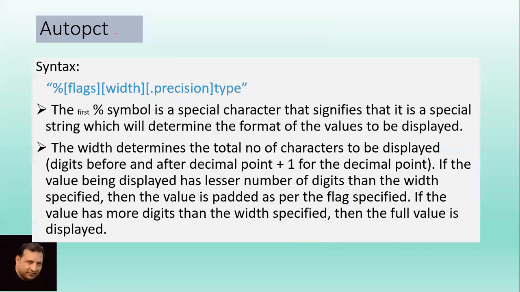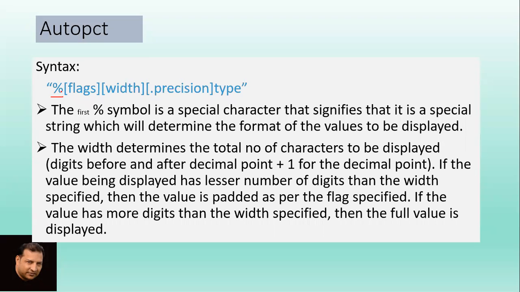Autopct argument. The syntax of autopct argument is given here. It is taken from your book only. First, we have the format. We always start autopct format with percent sign. This percent sign is not used to display percentage. It is a format.